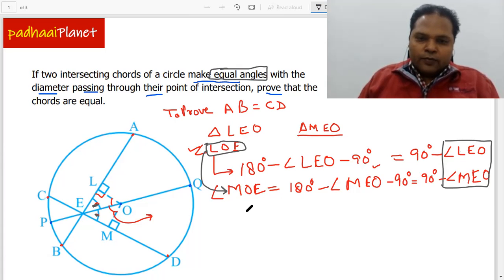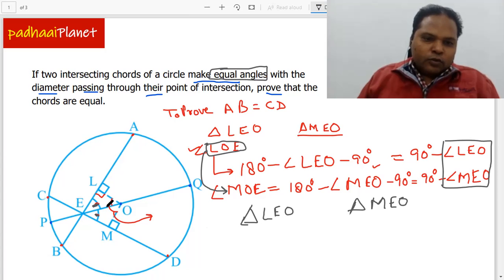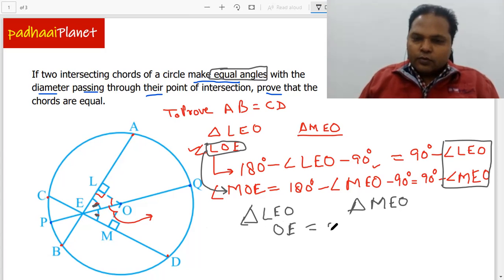So now if we consider triangle LEO and triangle MEO, let's look at both of these triangles and we'll figure out that OE is equal to OE, that being the common side. And in the question it is given that angle LEO is equal to angle MEO.